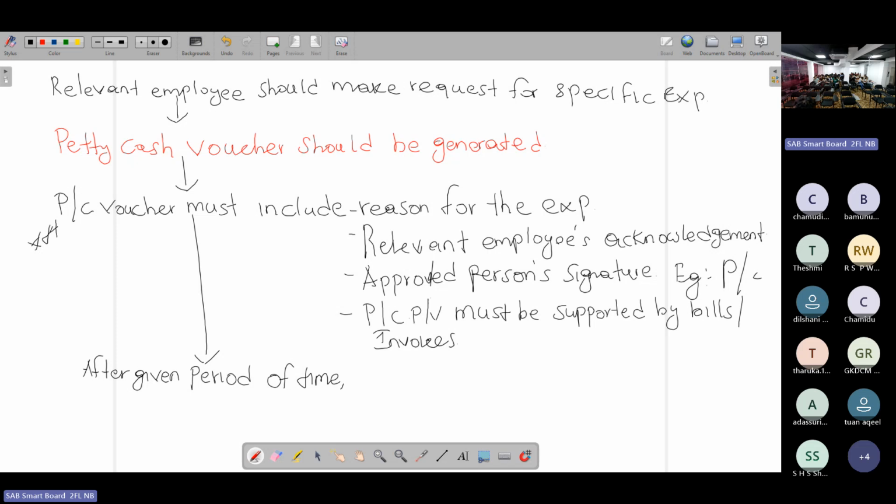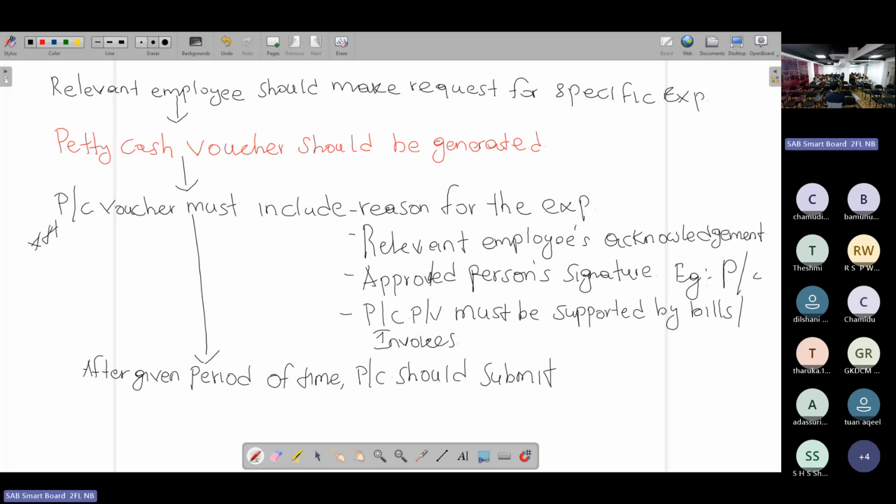After the given period of time, the petty cashier should submit them.